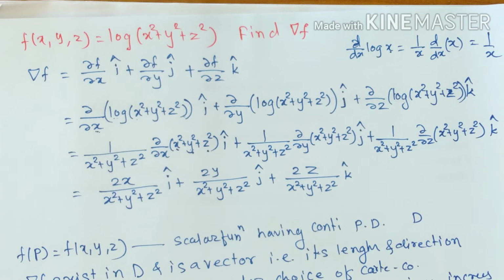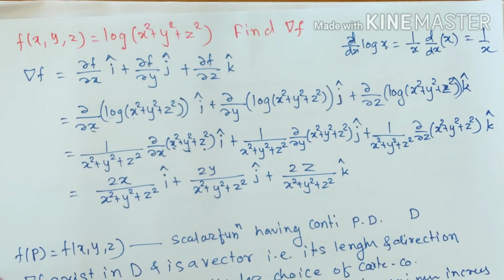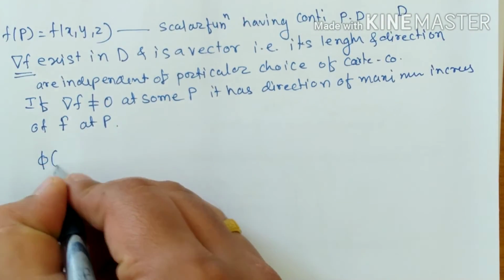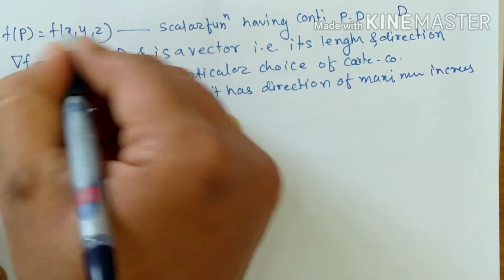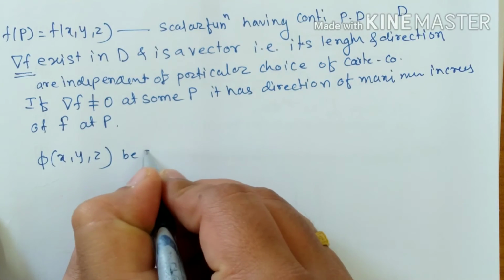In that direction your gradient of f will point. Okay. The next one is very important, that is the normal to the surface. Basically, here I have taken f of x, y, z; here I will take phi of x, y, z, a scalar function.